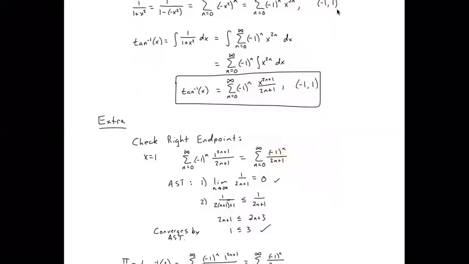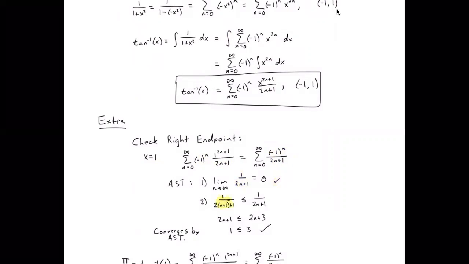That's from here and here. And we know that that's an alternating series, and we're interested in whether or not that thing converges. So we note that its positive version, at least omitting this alternating portion, 1 over 2n plus 1, has a limit of 0 as n goes to infinity. So that's the first condition checked and passed by the alternating series test.